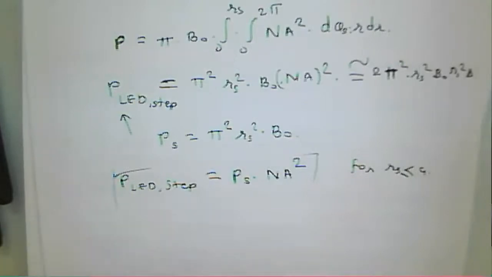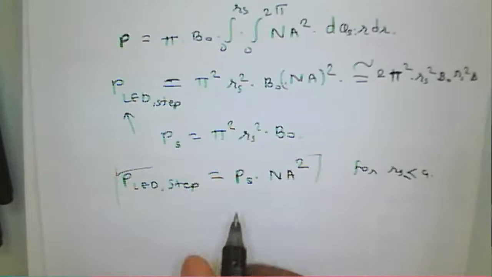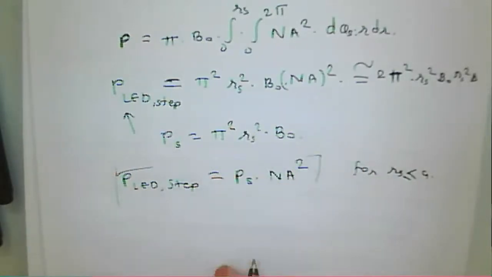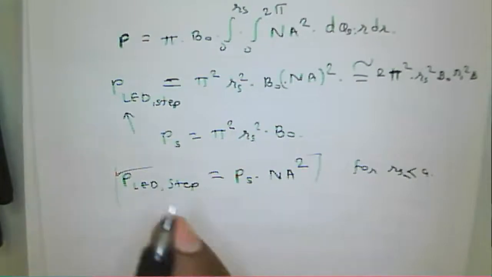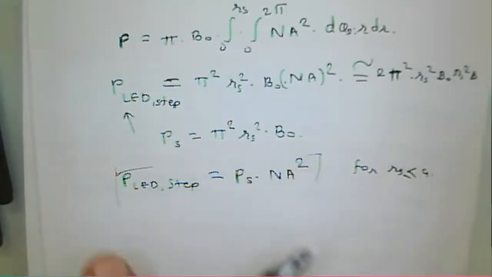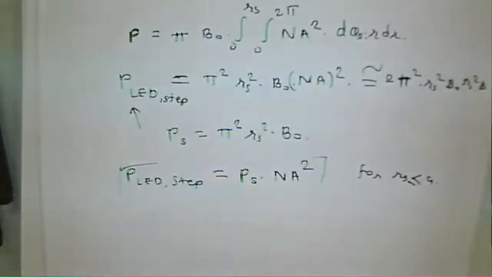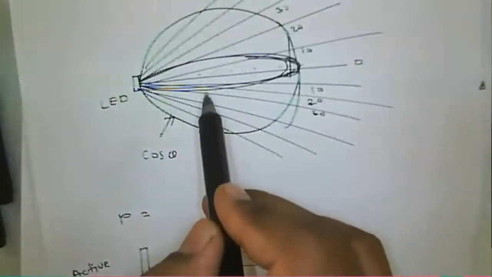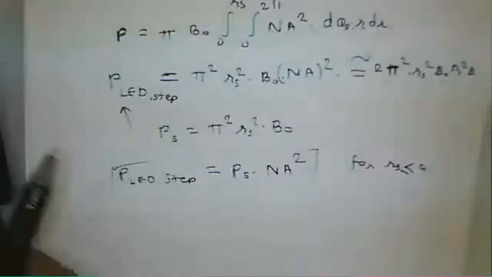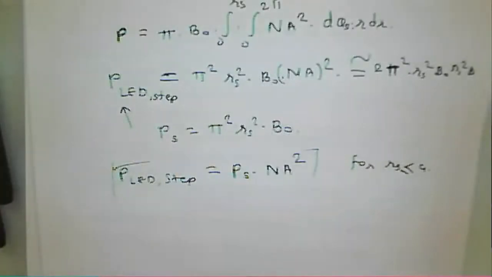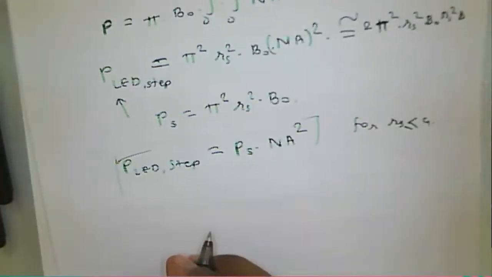If the radius of the emitting area is larger than the fiber core radius, only the power from the fractional area is coupled. Suppose this area is larger than the optical fiber core, then a small fraction of the power will be coupled there.